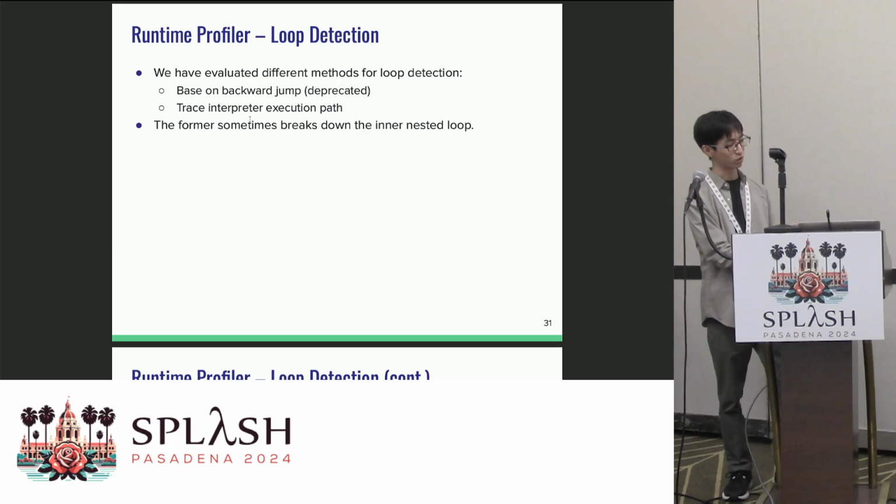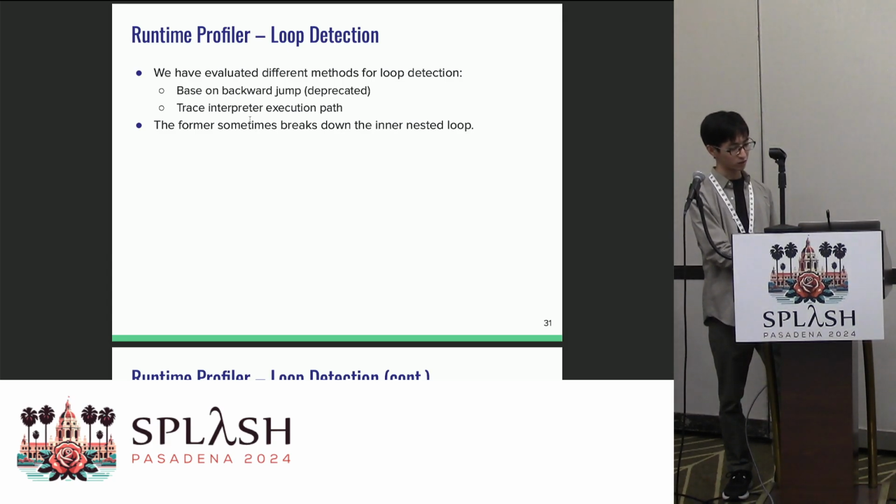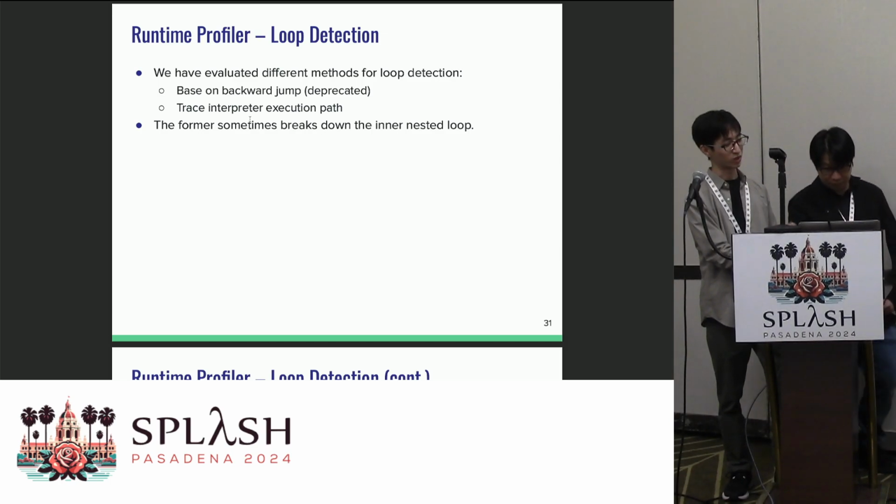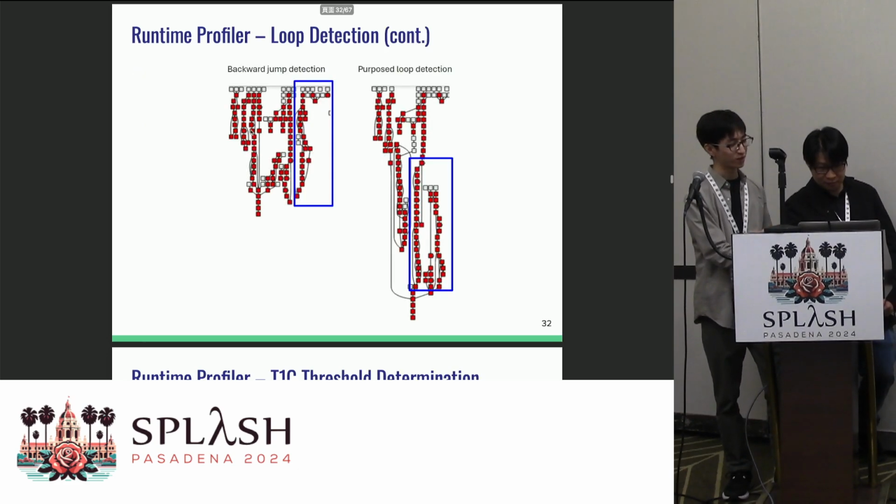And the second one is to trace the interpreter execution path. We initialize a set and insert the basic blocks into the set. If we find the basic block is already in the set, a loop is found. So the second one is better for loop detection.